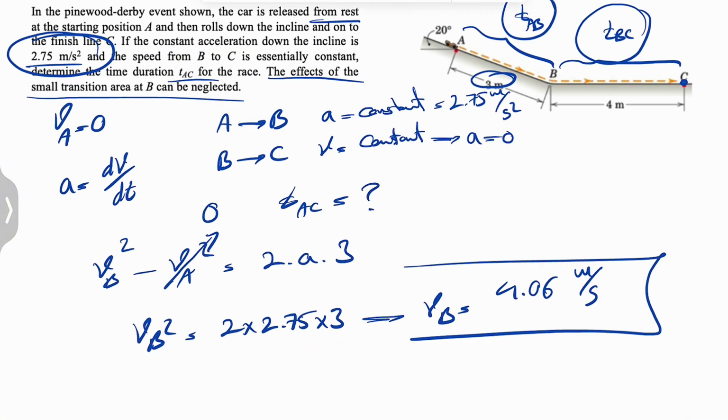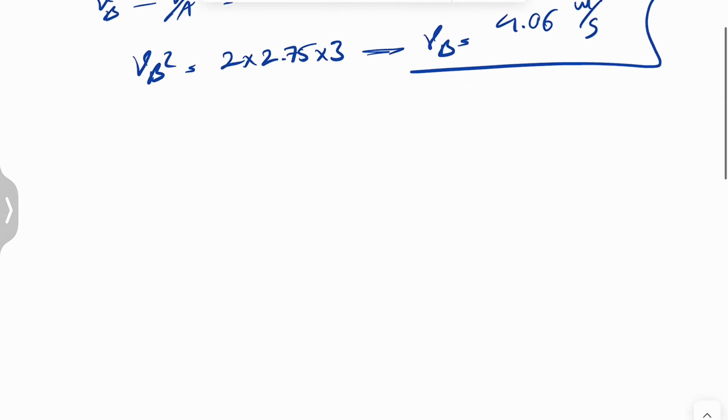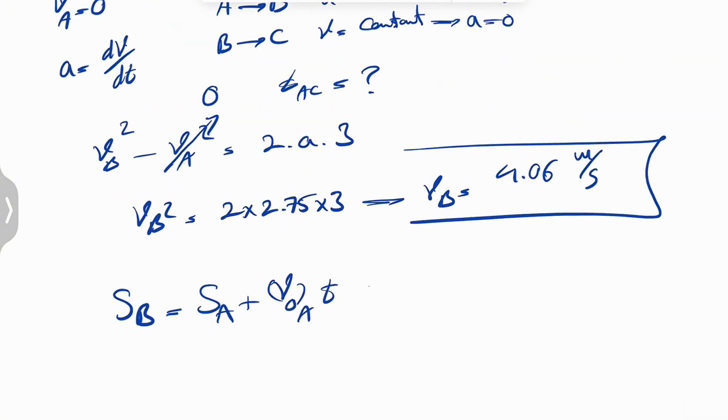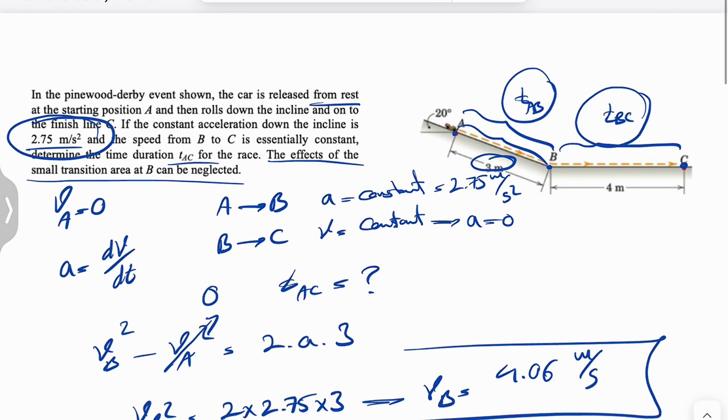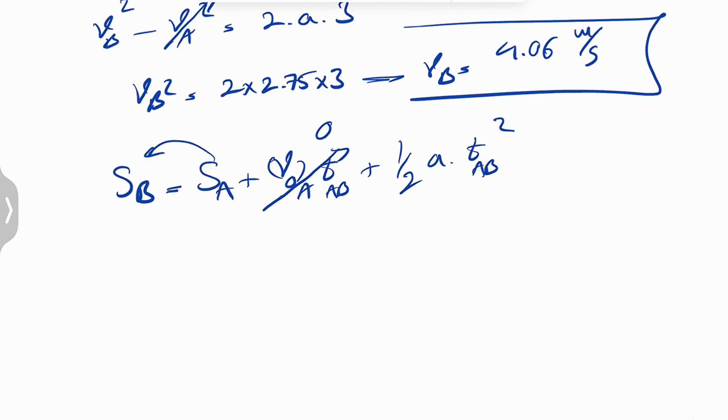All right, now that we have this, we should be able to find the time. The distance that the car is traveling, we can show with S. So the second location, SB, is equal to SA plus the initial velocity at point A times T, plus 1/2 of acceleration times TAB squared, and this T is TAB. The velocity is 0, so this term will be 0. If we bring SA to the other side, SB minus SA is equal to 1/2 of a times TAB squared.